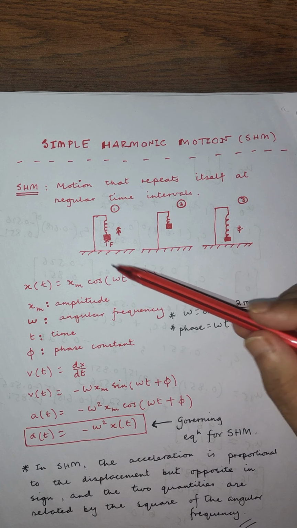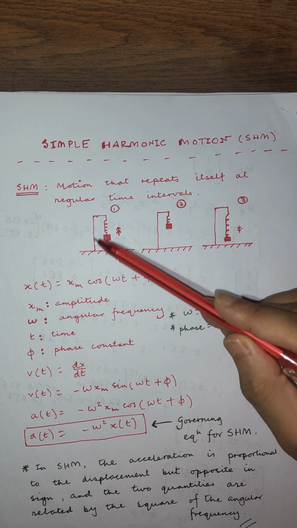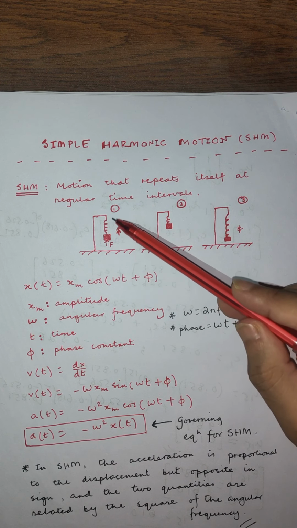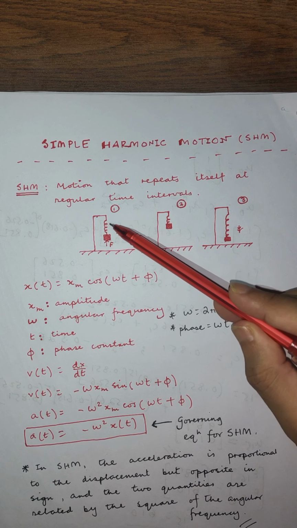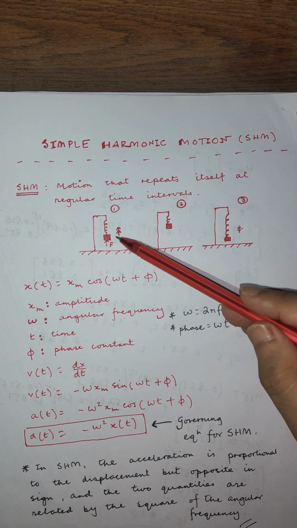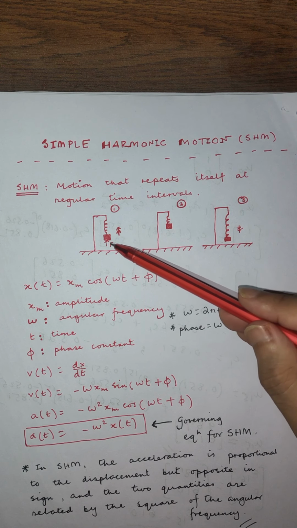In this setup, I have a stand. As you can see, I have this stand on the base, and this stand is holding a spring. At the bottom of this spring is a block of mass m, for instance.